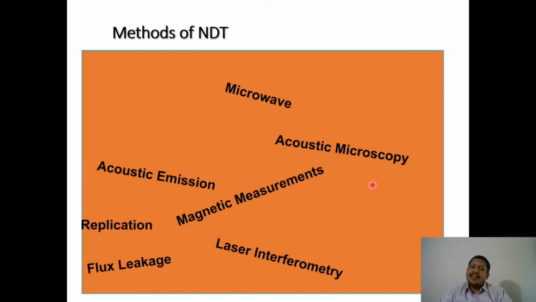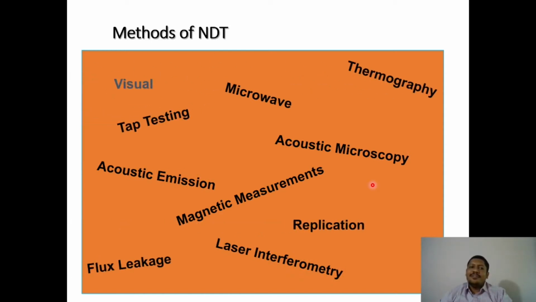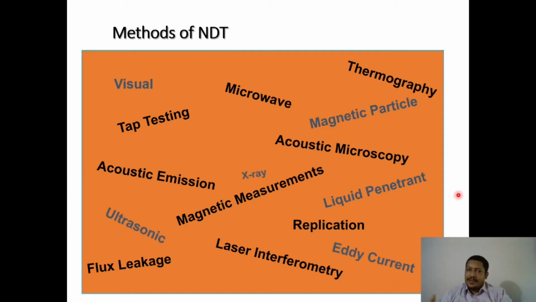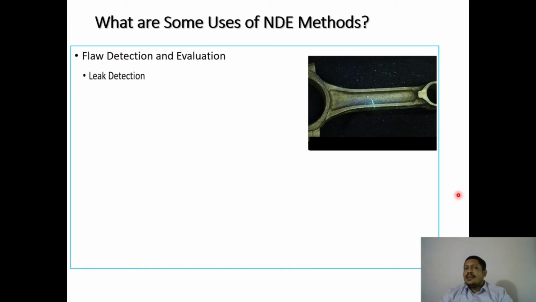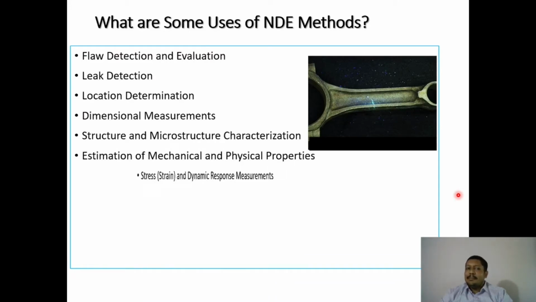Some of the important NDT methods are visual, acoustics, liquid penetrant, eddy current, magnetic particle, ultrasonic, laser interferometry, microwave, thermography, etc. Each one has its own application in its own area. So what are some uses of NDT methods?